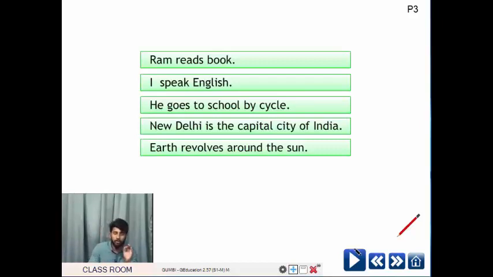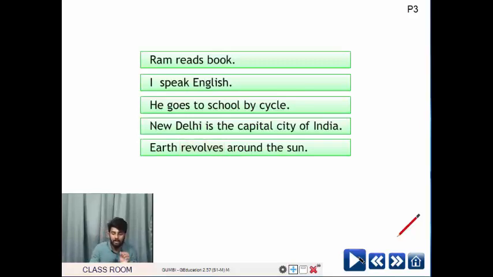So now just observe the words being highlighted here. The first word, reads. Speak. And what is this word? Goes. And is. Revolves. Yes.